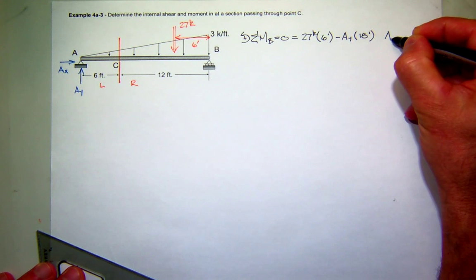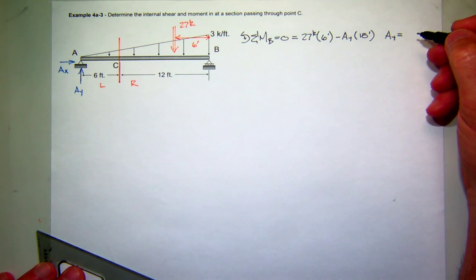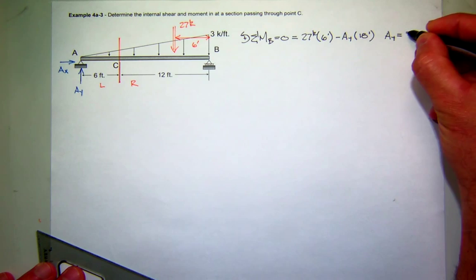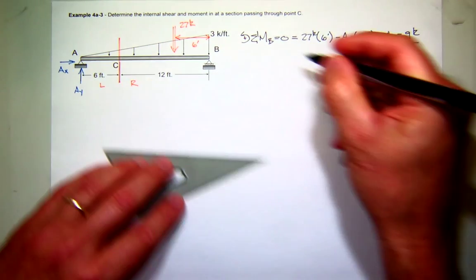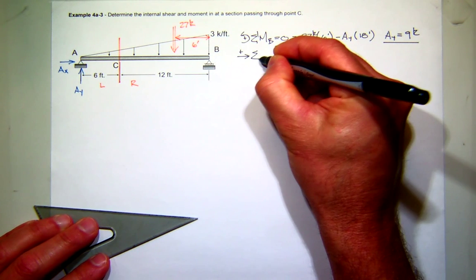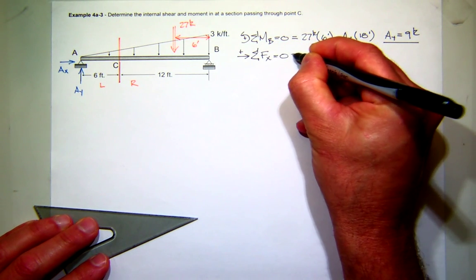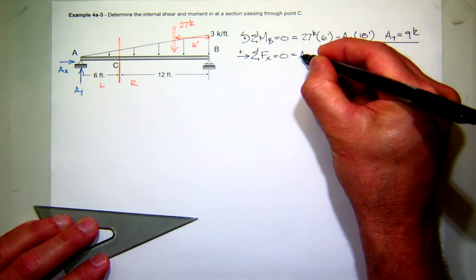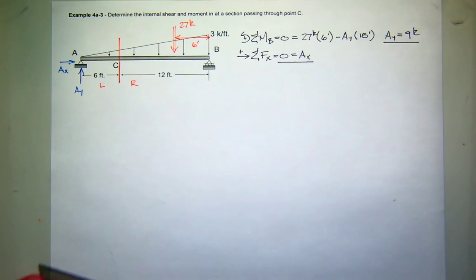So it looks like AY is going to be 9. And just to be complete, if I sum forces in the x direction to make sure I have equilibrium, all I have is AX. So AX is 0. So I found all my components there.